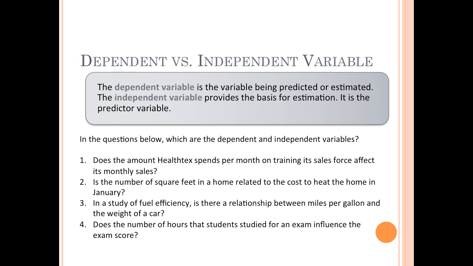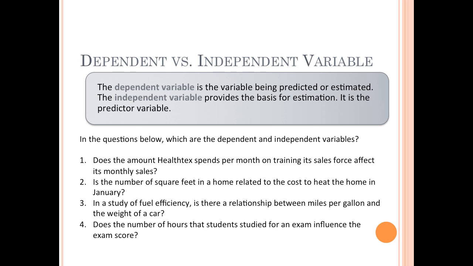Is the number of square feet in a home related to the cost to heat the home in January? So here, the number of square feet is your independent variable, and what is being predicted is the cost to heat the home in January. In a study of fuel efficiency, is there a relationship between miles per gallon and weight of a car?